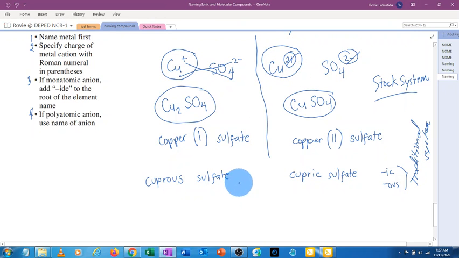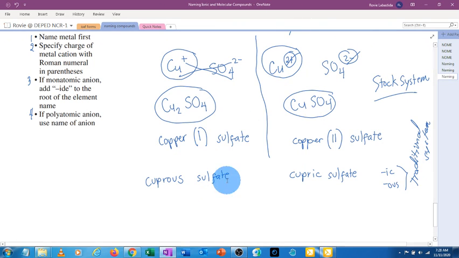Alright? So cuprous sulfate, because copper here has one positive charge, and cupric sulfate because copper here has the charge or net charge 2 positive.